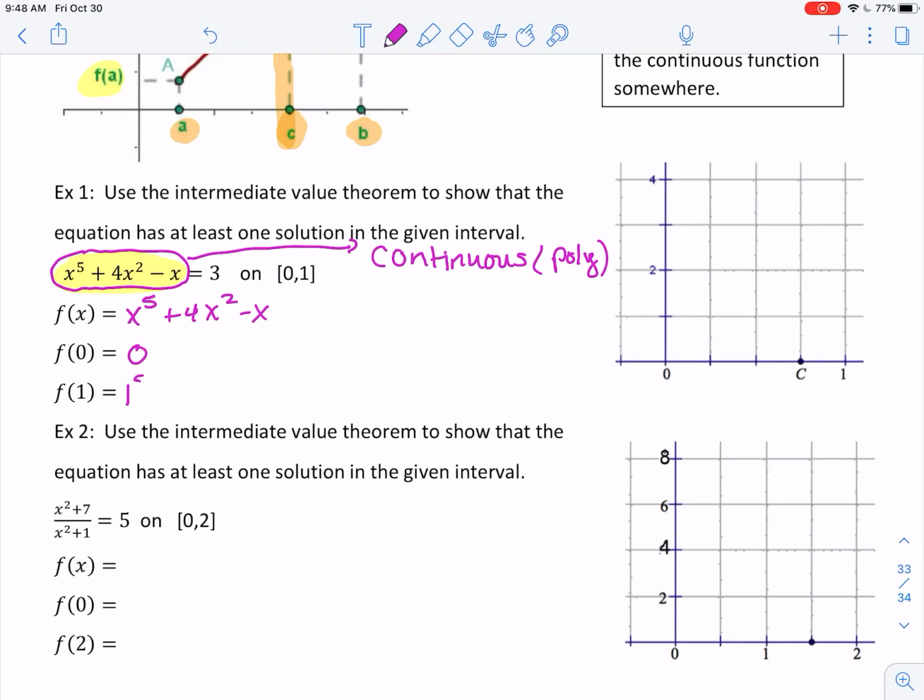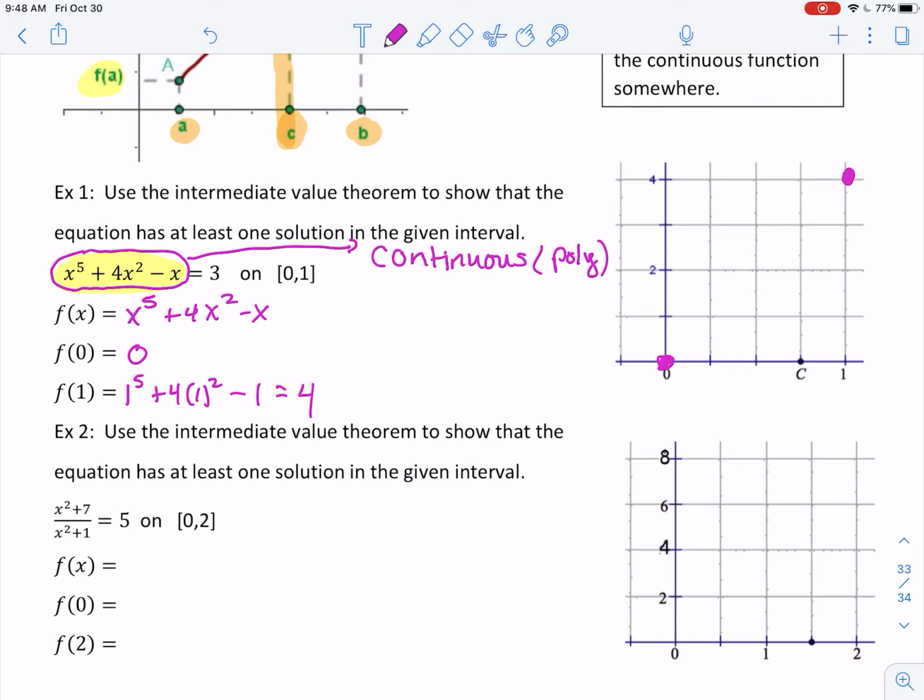It's 1 to the 5th plus 4 times 1 squared minus 1. That should be 4. So at 0, it's 0. At 1, it's up at 4.